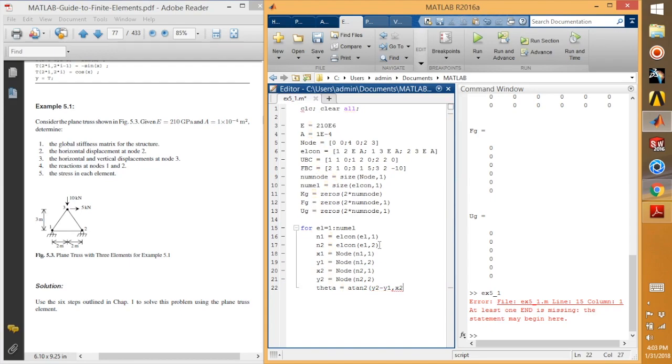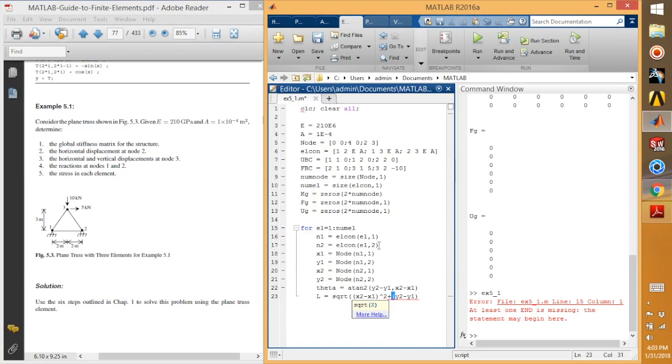Next we are going to have the length of each element, which is square root of (x2 minus x1) whole square plus (y2 minus y1) whole square.